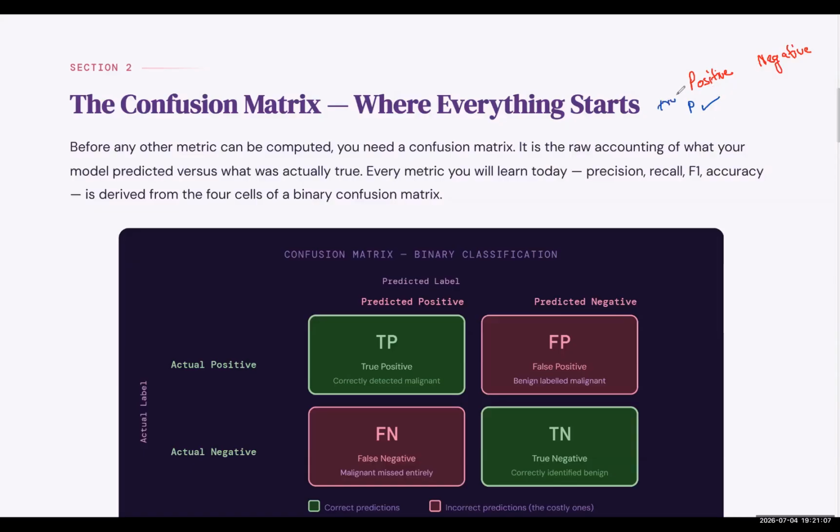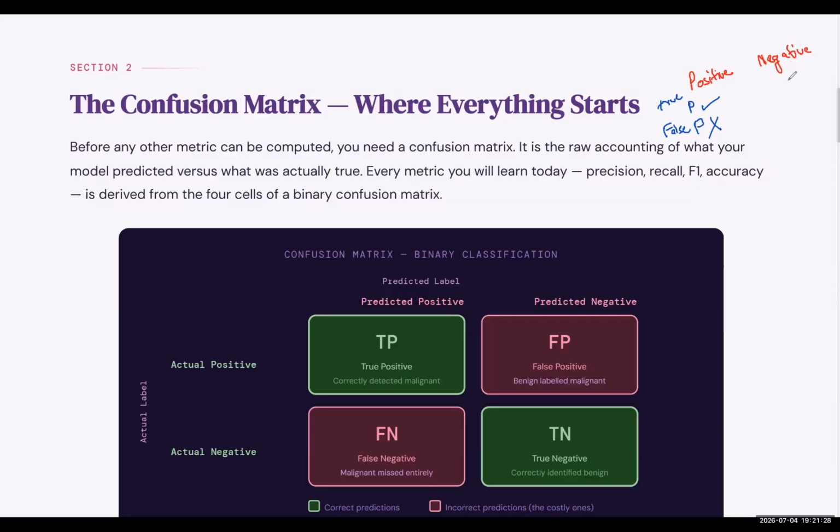These are known as true positives. But your model would also look at some images and say that these are positive images, that means malignant images, but in real life they may not be malignant. It might make a mistake. At this time, it is known as a false positive.